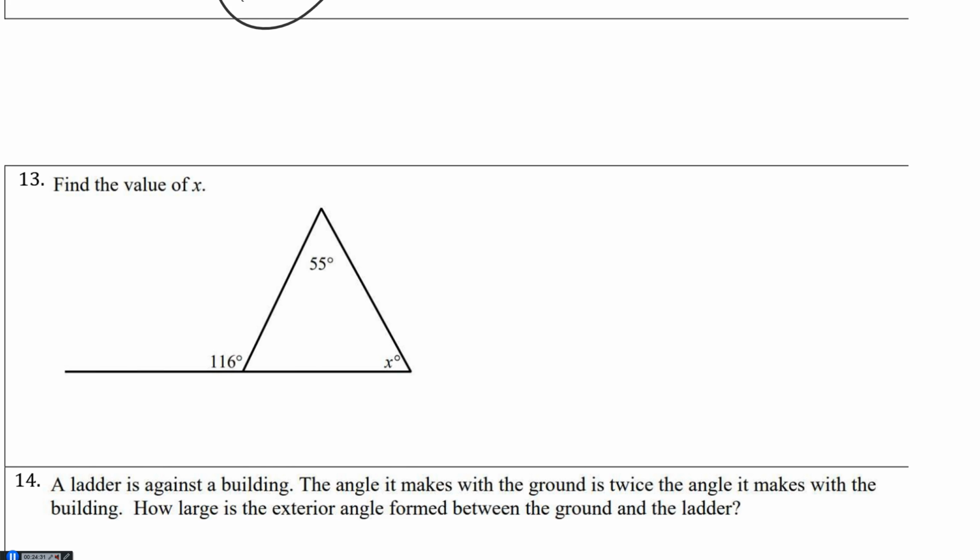Number 13. Find the value of x. Okay, if you remember the exterior angle theorem, that states when I have an angle on the outside of a triangle formed by extending one of the sides past the vertex, that angle is always equal to the sum of the remote interior angles. Now, the remote interior angles are just the angles that are inside the triangle that aren't the one that's supplementary to that exterior angle.